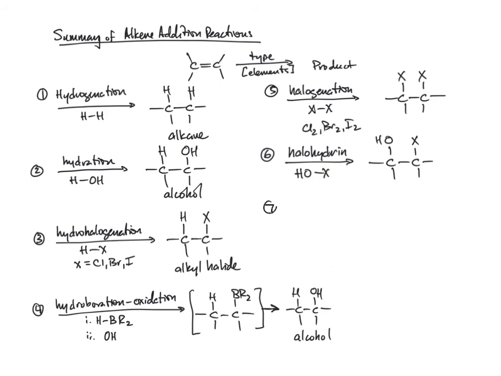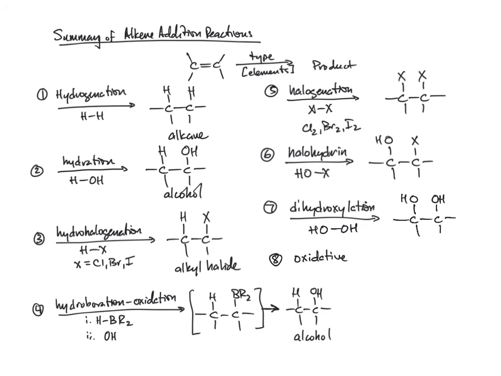Condition 7, this is called dihydroxylation. So we're adding these elements across the alkene. So we now end up with a 1,2 diol. And then finally, the type is oxidative cleavage.